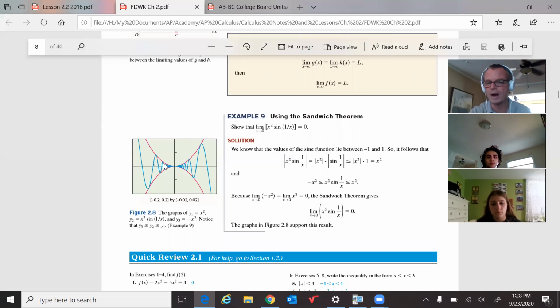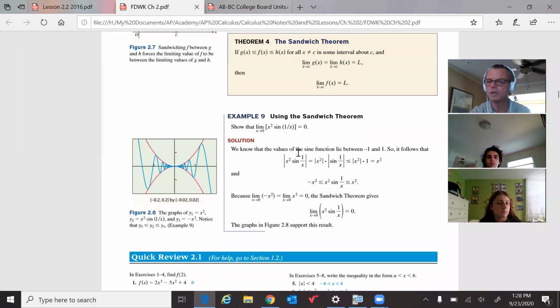And y equals x squared, as you go to the left, is going to a height of 0. As you come from the right, has a height of 0. And the same thing for negative x squared. So therefore, the blue graph is going to a height of 0 because it's sandwiched between the two red graphs.